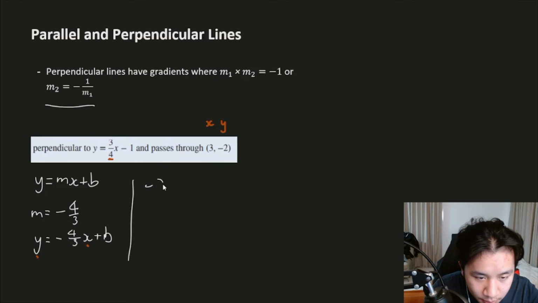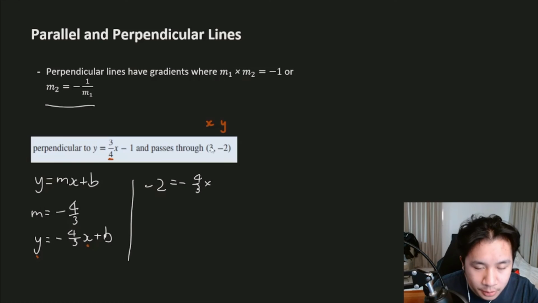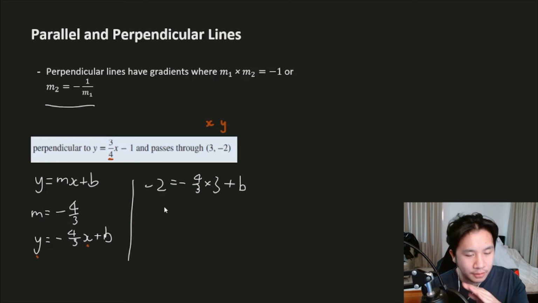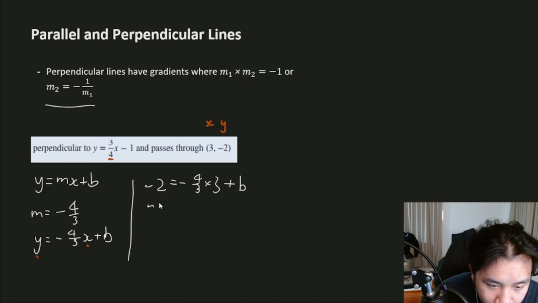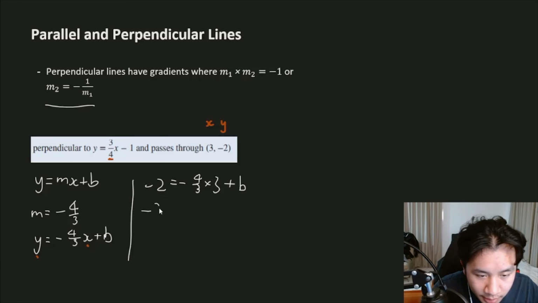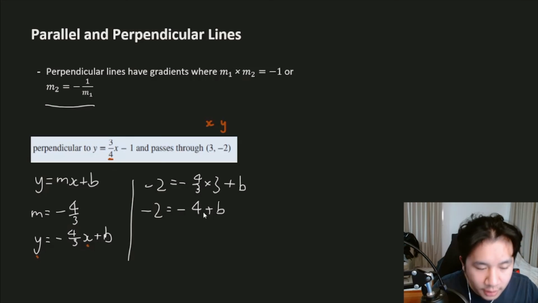So minus 2 equals minus 4 over 3 times, and I'm going to substitute this 3 into this x, and then plus b. Then I'm going to solve this equation. So we have minus 2 equals minus 4 over 3 times 3. That's just minus 4 plus b. I can finally solve it by bringing this minus 4 over. So then we have b equals minus 2 plus 4.